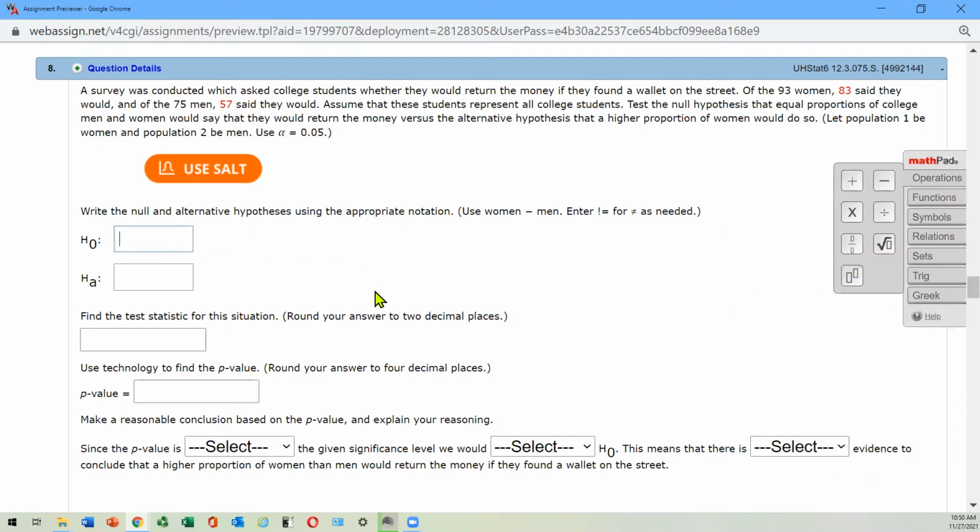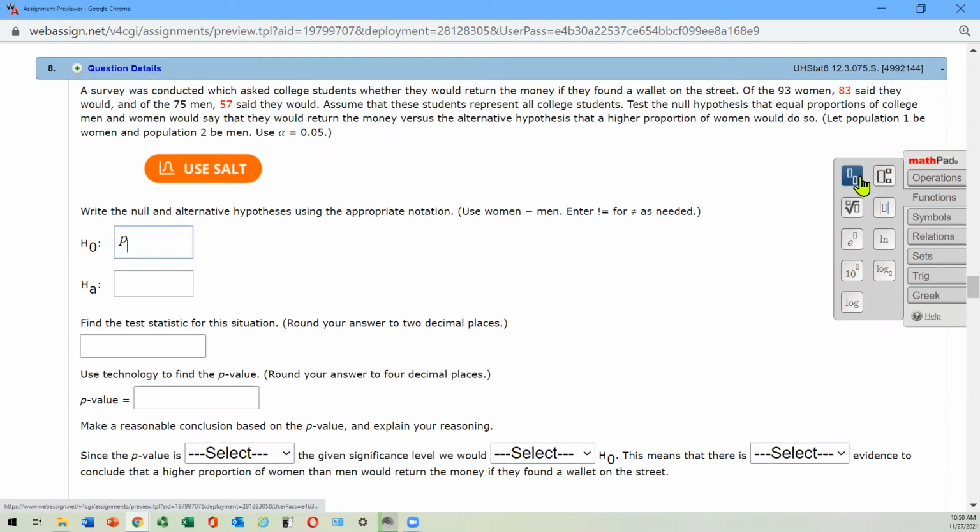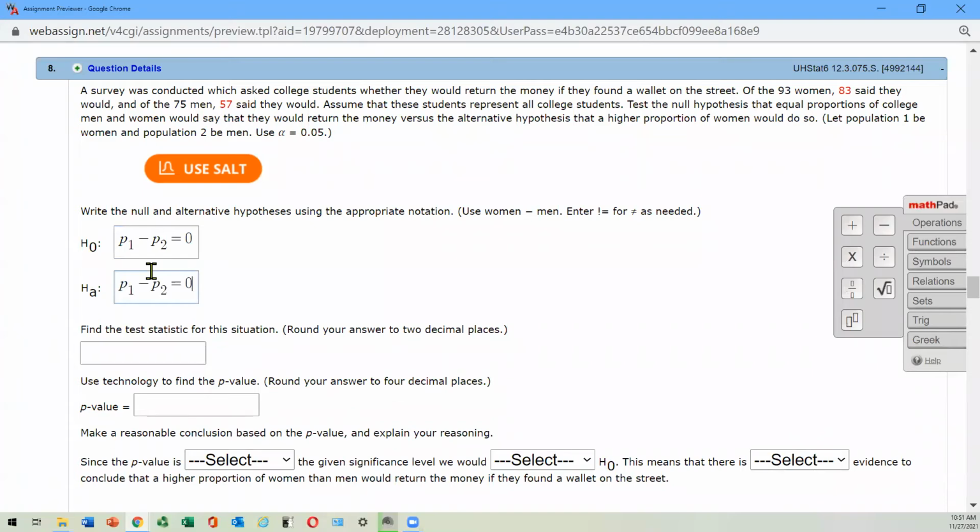So the null hypothesis is going to be P subscript 1, take away P subscript 2, and that is always equal to 0. And we are interested in the fact that women are more likely to return the money than men. So 1 is bigger than 2. So P1 take away P2 is greater than 0. So that is a right-tailed test.